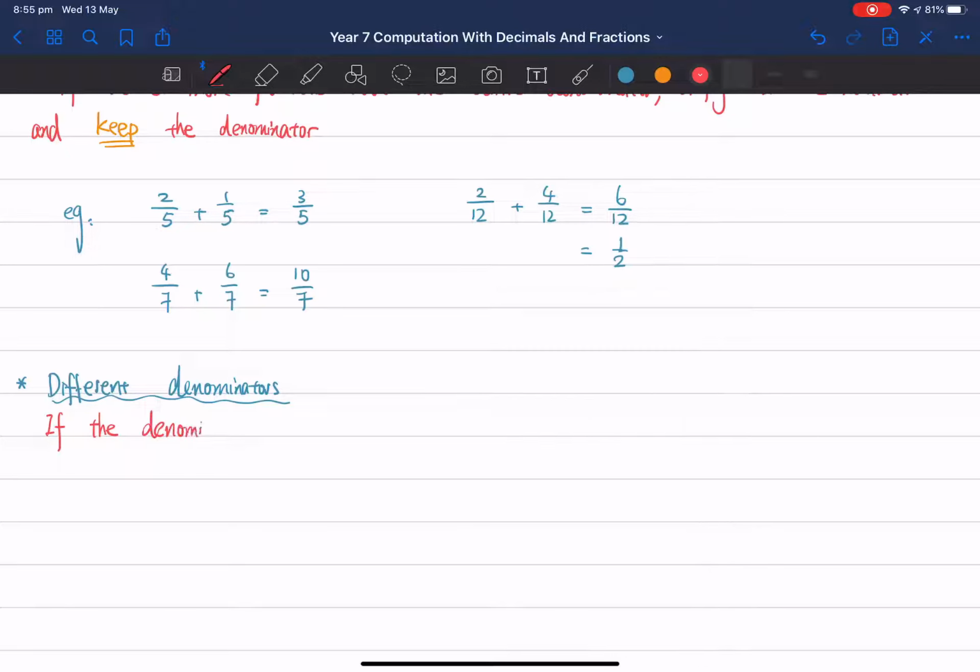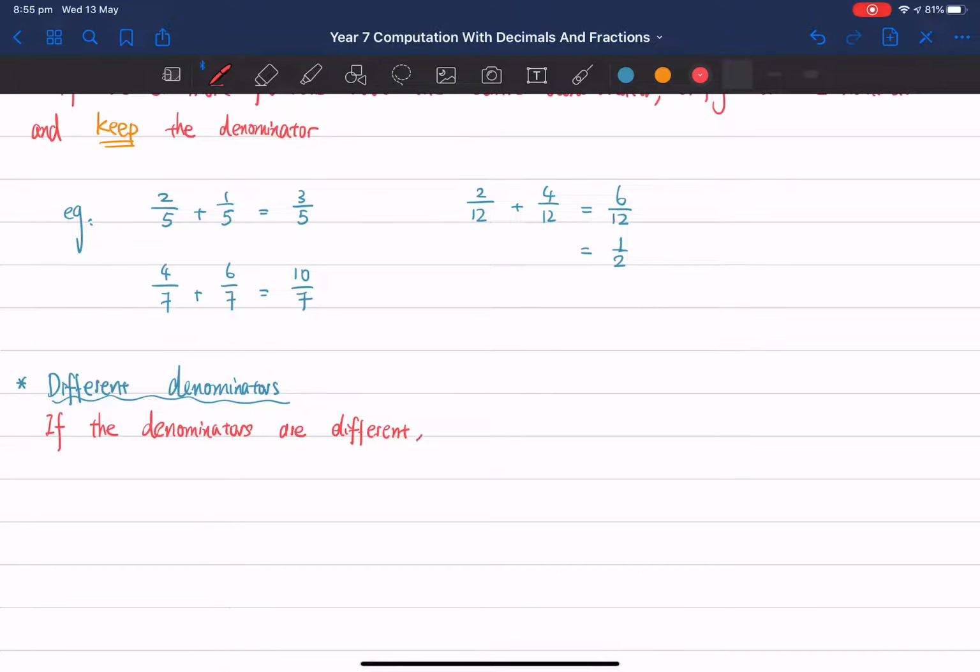We can't deal with fraction addition and subtraction if the denominators are different. So we need to use the knowledge of equivalent fractions to convert them into fractions with the same lowest common denominator.